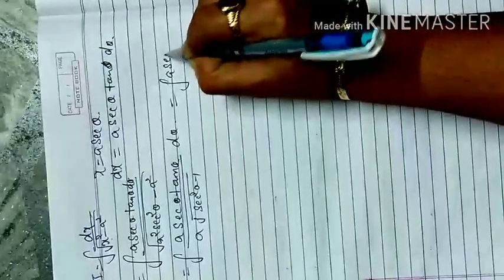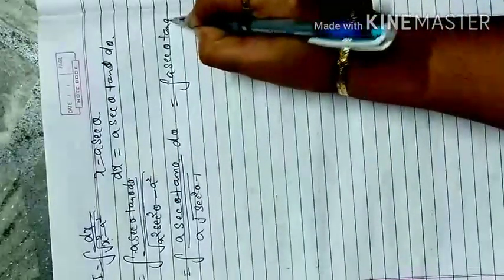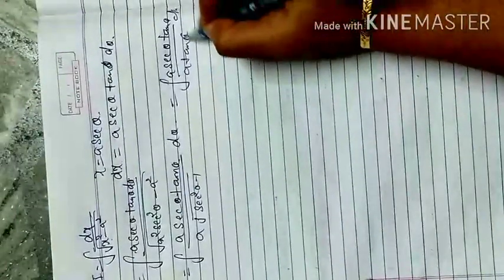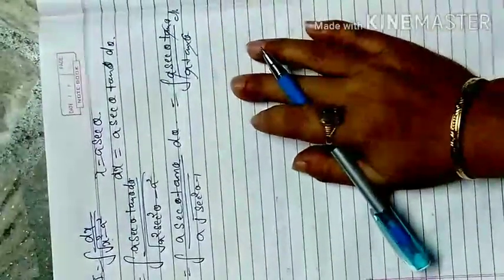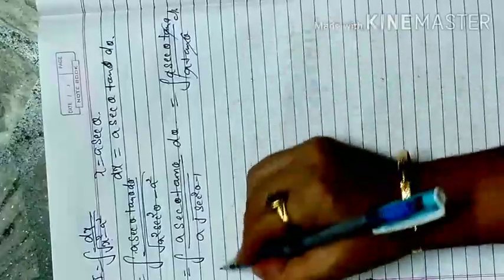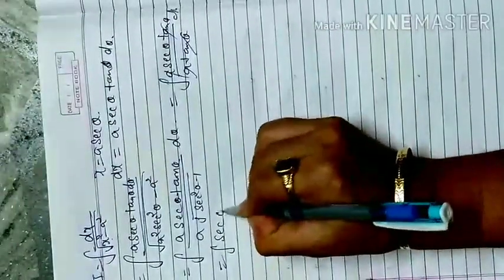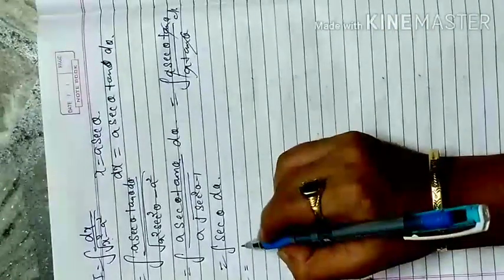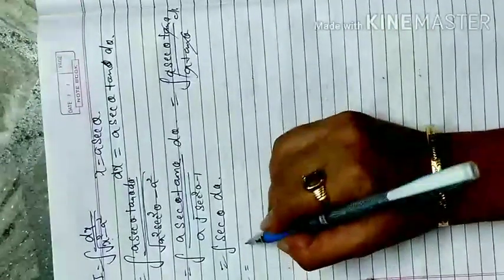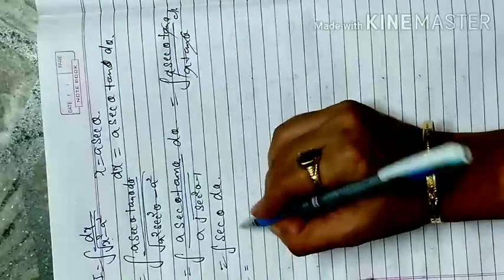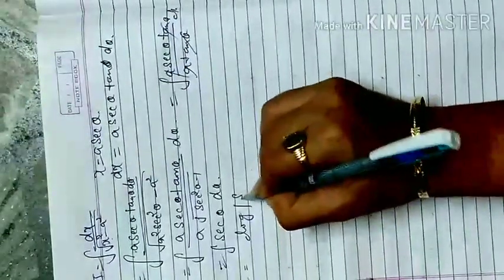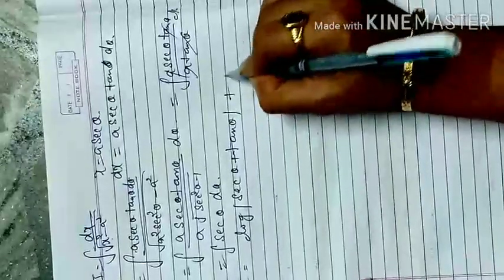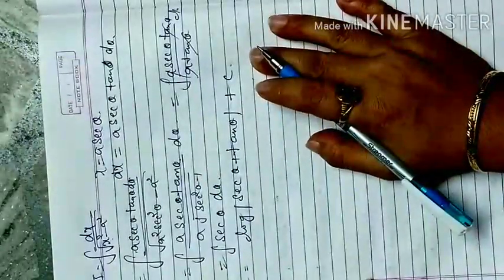So a secant theta tan theta upon a tan theta d theta is left. Tan theta cancels, and only the integration of secant theta d theta is left, and we have the formula: integration of secant theta is log of secant theta plus tan theta, plus c after integration.